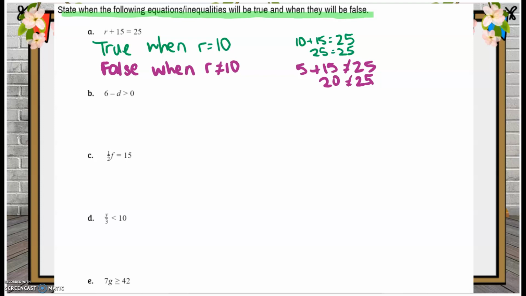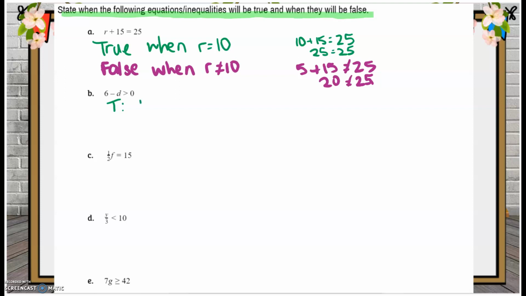So let's look at the next example. 6 minus d is greater than 0. So I'm going to write T for true. This is true. Let's think about it. 6 minus 6 would be 0. So we want a number that is going to give me an answer greater than 0. So 6 minus 5 is greater than 0, and 5 is smaller than 6.